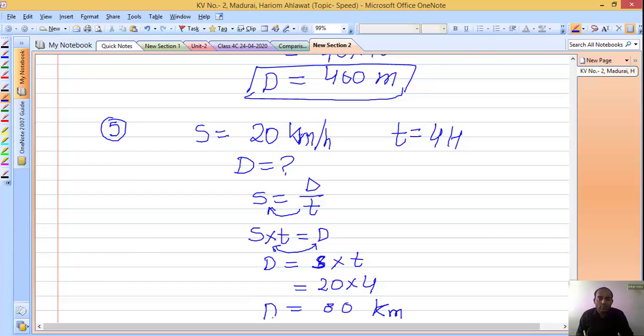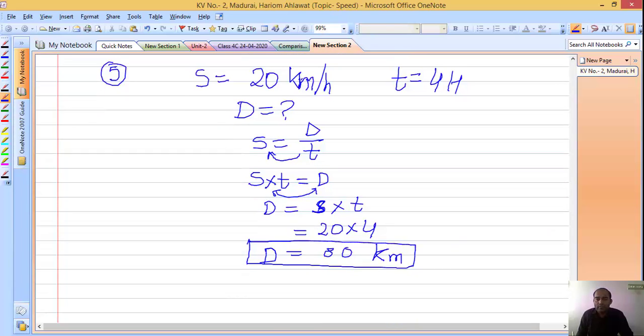Distance equal to 80 kilometer, because this is in kilometer. If here is meter, so meter will come here in the distance. If the kilometer is in speed, so the distance will be measured in kilometer. So he has covered a distance of 80 kilometers. Okay, good. Let's take one more example.